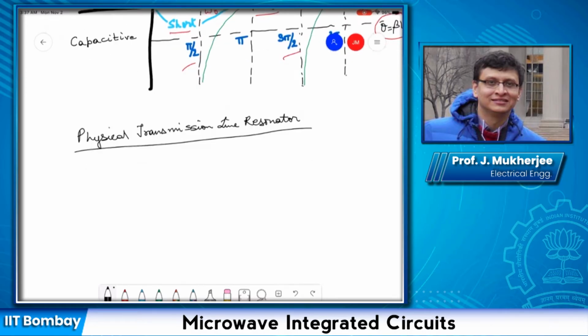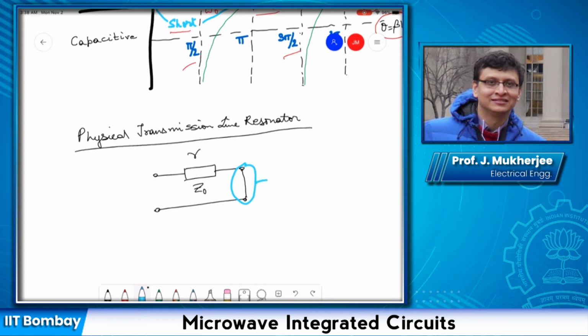So we saw that for a lossy transmission line, the input impedance... Suppose we have a transmission line. Now, because this is lossy, the propagation constant is the complex gamma, and say the characteristic impedance is Z0, and this is shorted.